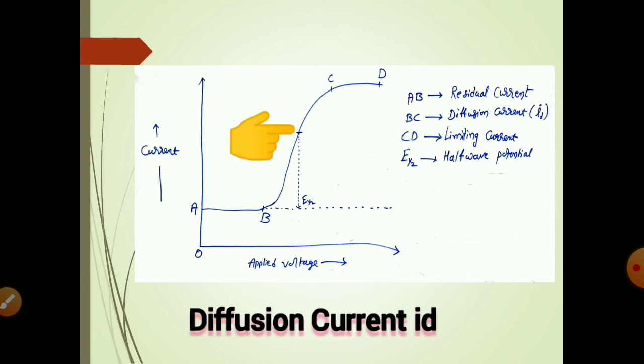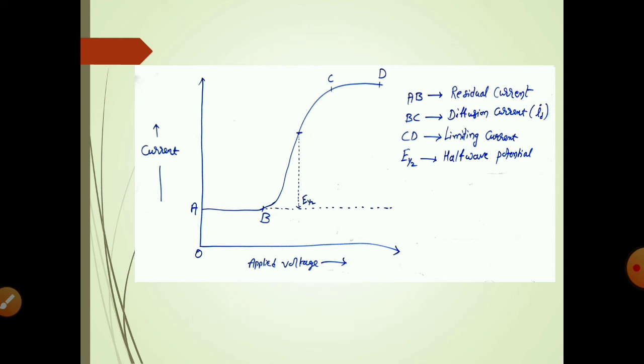Now let's see the portion BC. At point B, the reduction of metal ions begins, resulting in the production of current. This reduction reaction continues till all metal ions get reduced at point C. As the potential is increased further, more ions reaching the electrode surface get reduced, as shown by the increase in the current, that is portion BC.